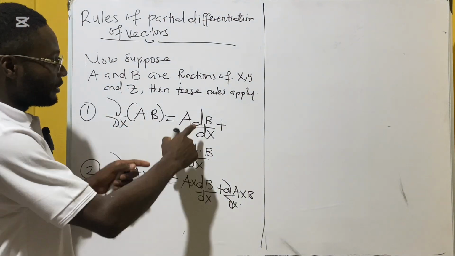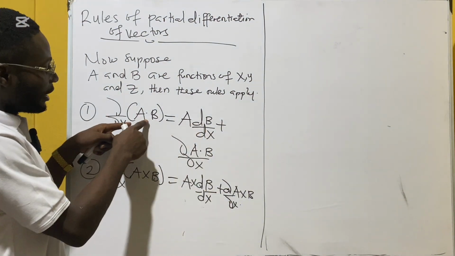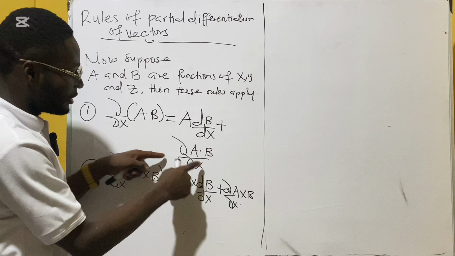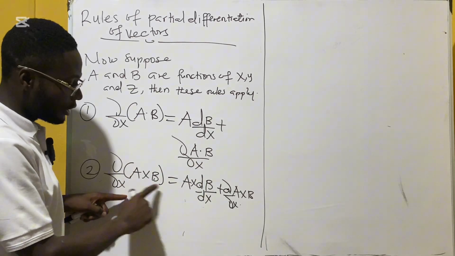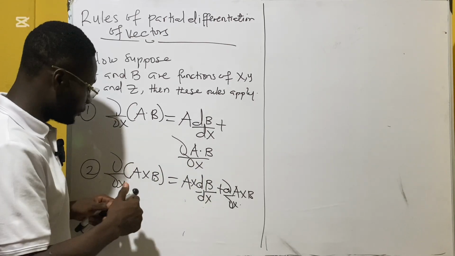So it follows in that order. In here it's dot and we have this. In here it's cross and this is what it goes.